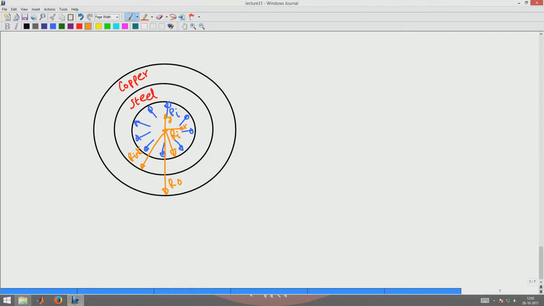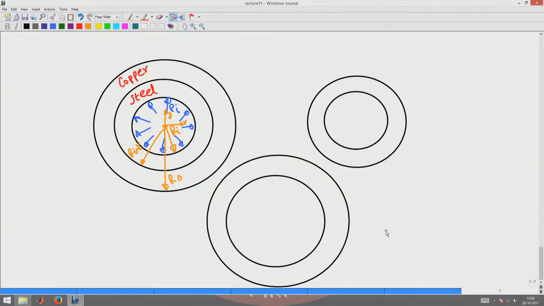So, basically now we want to analyze what happens to this composite structure. You know that Young's modulus and Poisson's ratio of steel and copper are different. So, how you analyze this structure is, you draw the free body diagram of steel and copper, exposing that there is a radial pressure acting at the interface of steel and copper. Okay. So, you isolate the steel pipe from the copper pipe, this is steel and this is copper, and you expose the interfacial pressure.